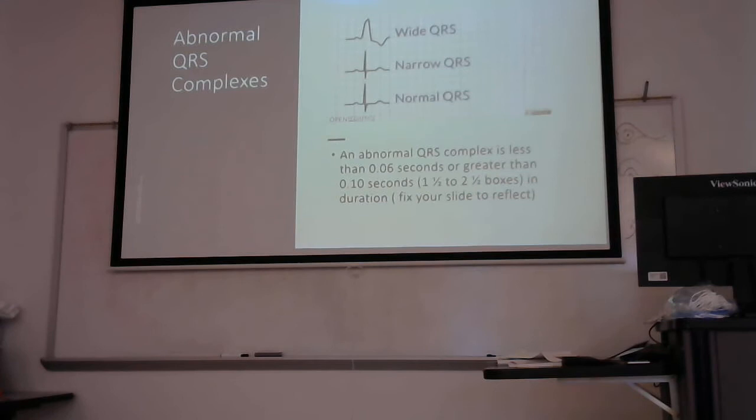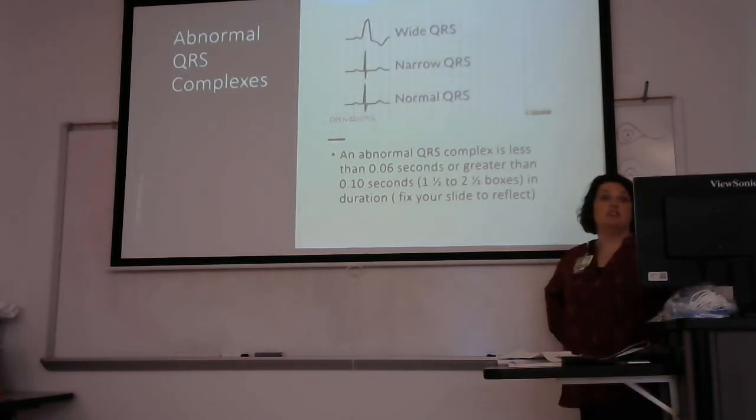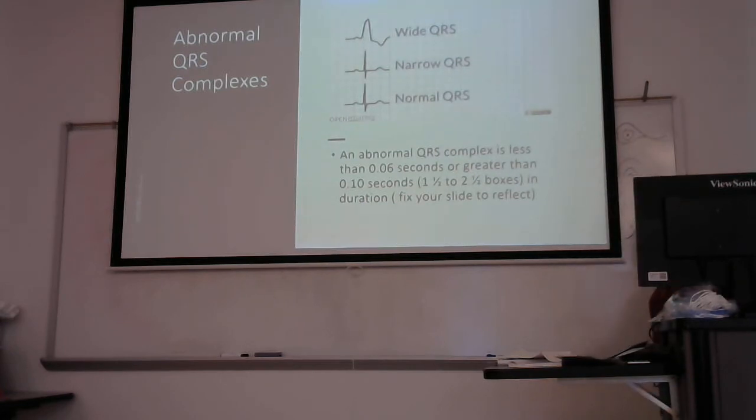I think the slide you printed out said 0.04, so change that to 0.06, because they updated it in the new 10th edition. It's been updated. Okay. Anything less than that or greater than that is considered abnormal.